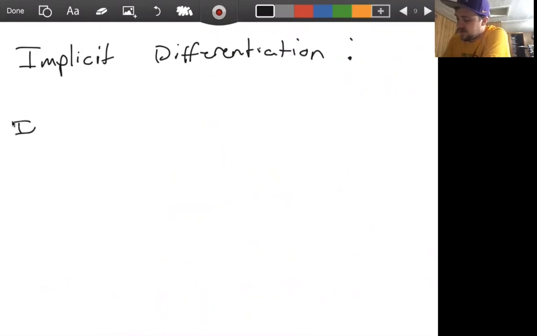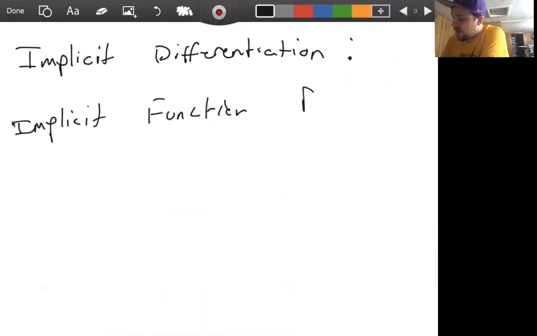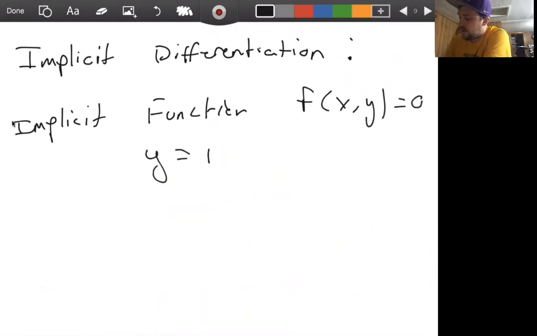So remember, an implicit function is usually given by f of x, y equals 0, or you say y equals f of x implicitly, right?